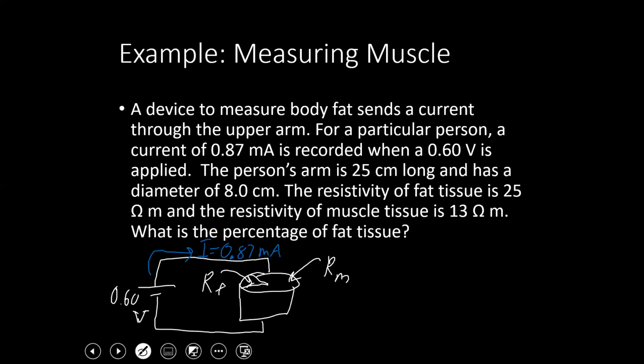If we look at this, we essentially have two resistors: the muscle resistor and the fat resistor. I think it would be more helpful to redraw this circuit, not so much with the cylinder, but like a typical circuit diagram.